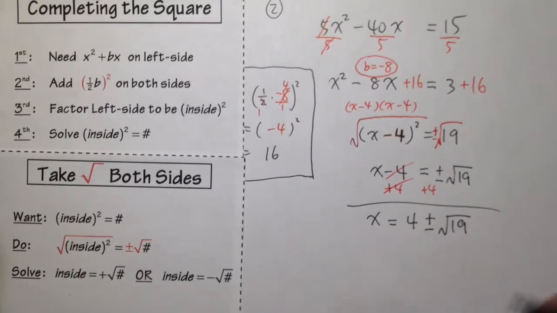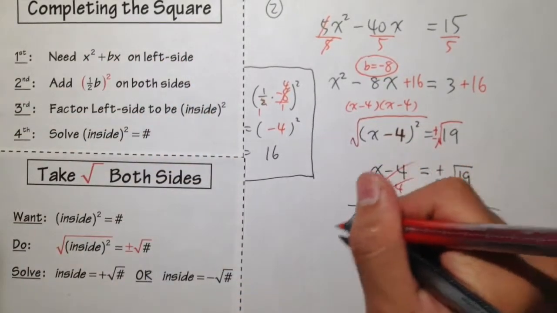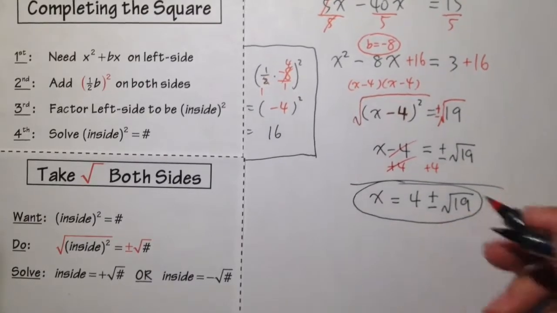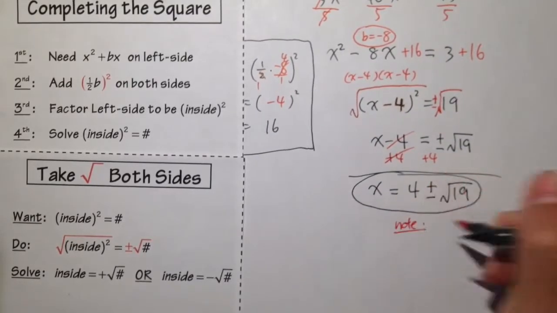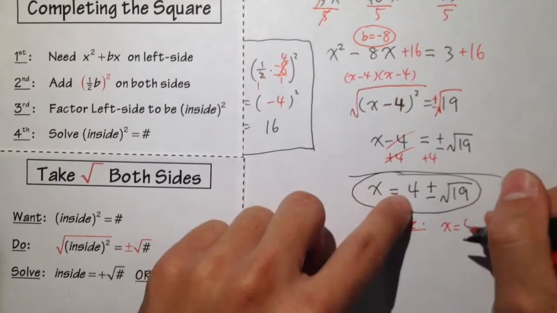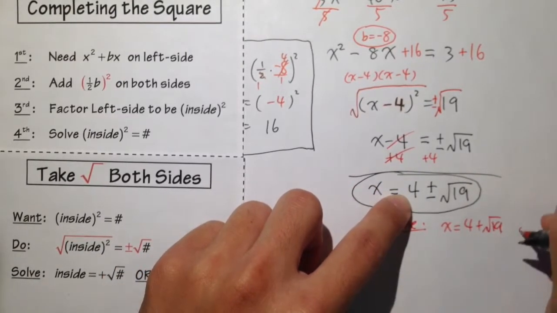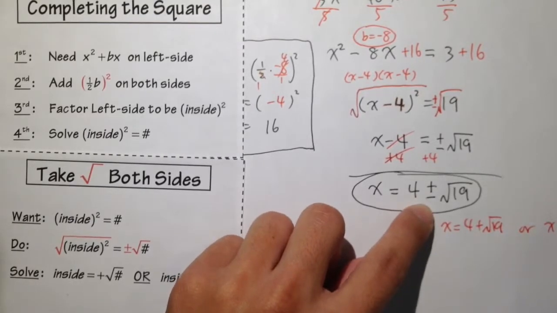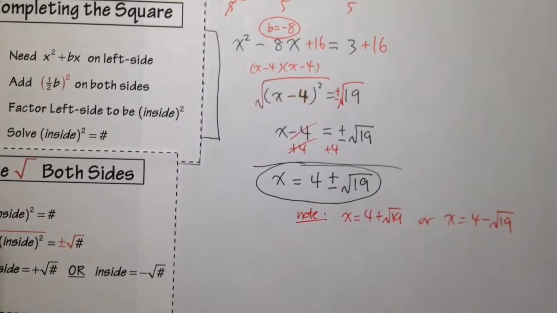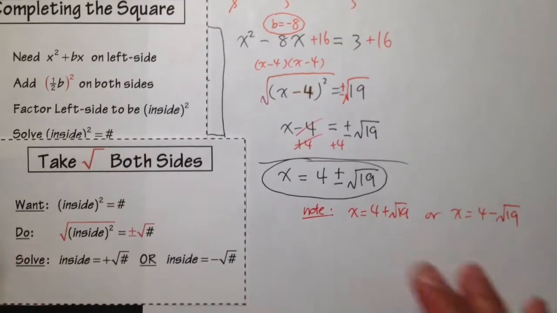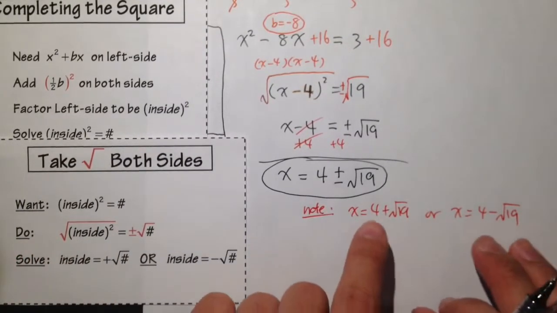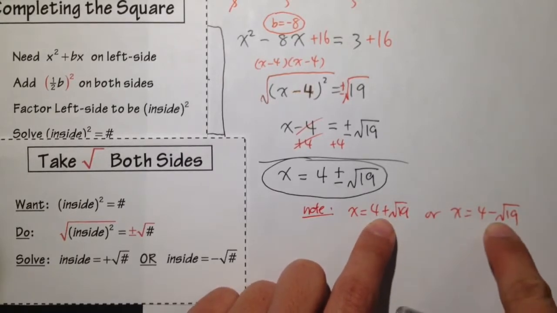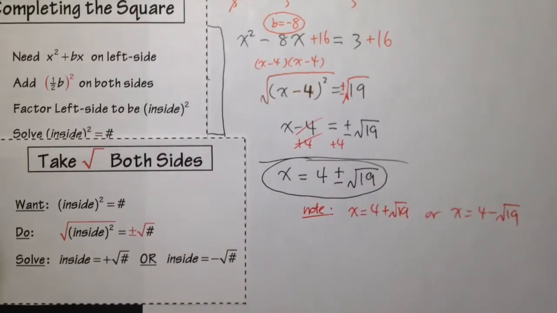It's just like a shorter, condensed way to write the solution down. So maybe we make a note. This really means x equals to 4 plus square root of 19, or x is equal to 4 minus square root of 19. Okay. However, since we cannot do much with this, and they look almost the same, we just combine these two into the plus minus. So that's what it means. Cool, huh?